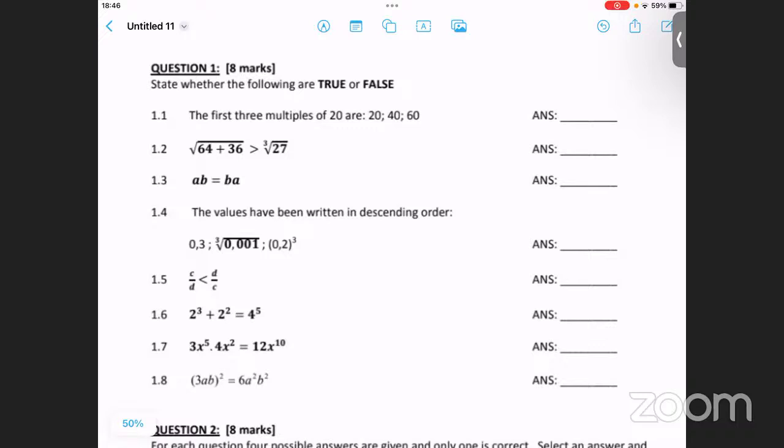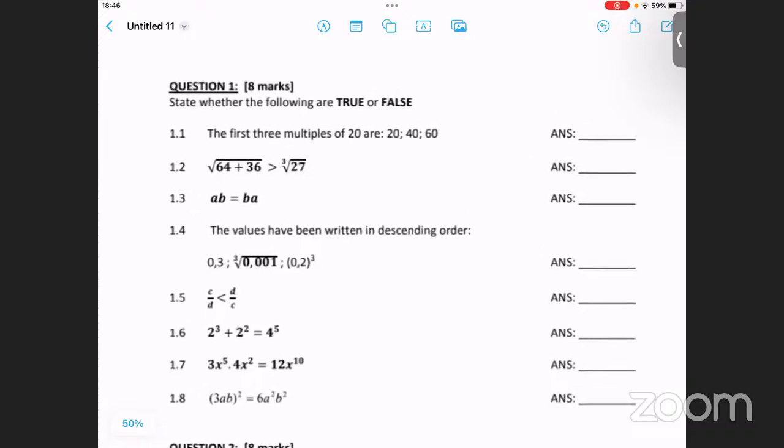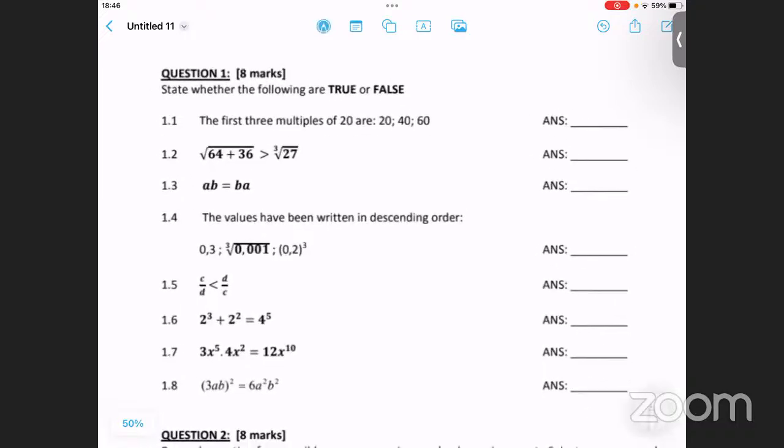It's true, ma'am. What did you get when you were calculating? For the first one, the square root of 64 plus 36, I got 10. And the cube root of 27 is equal to 3.